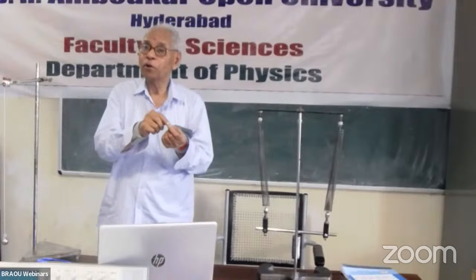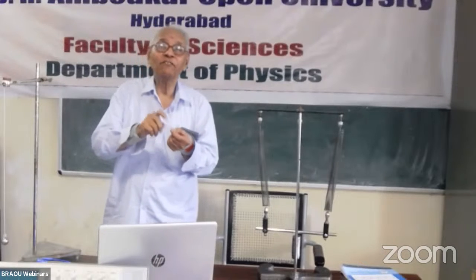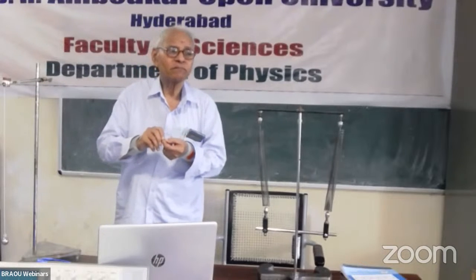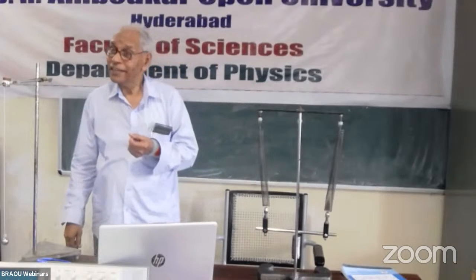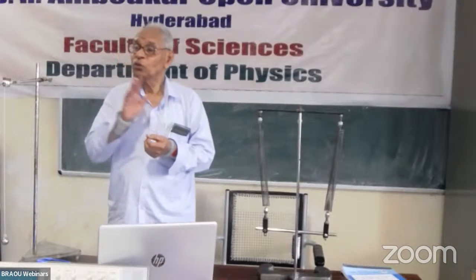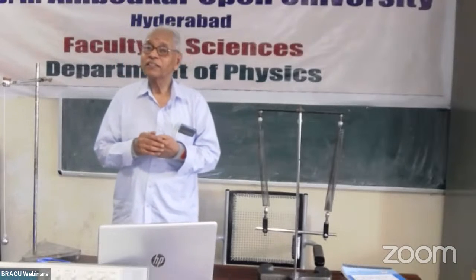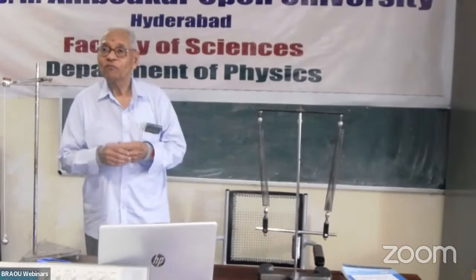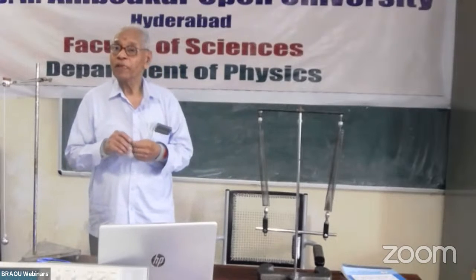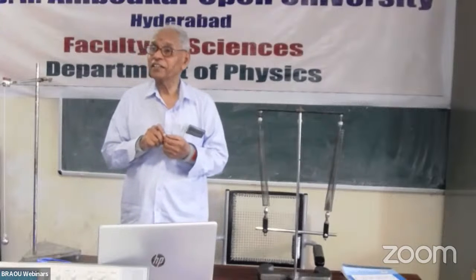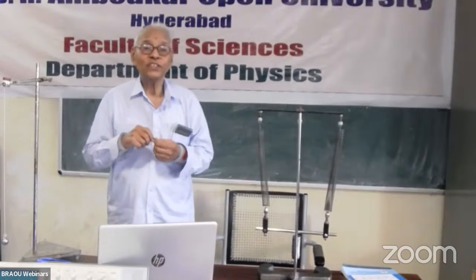At a particular point, how many light waves will be there? You can calculate, use the formula. What is the formula? C is equal to frequency multiplied by wavelength, where C is the velocity of light.